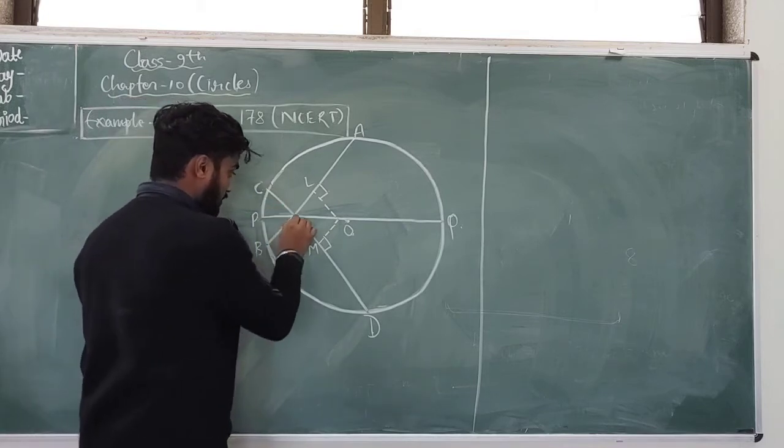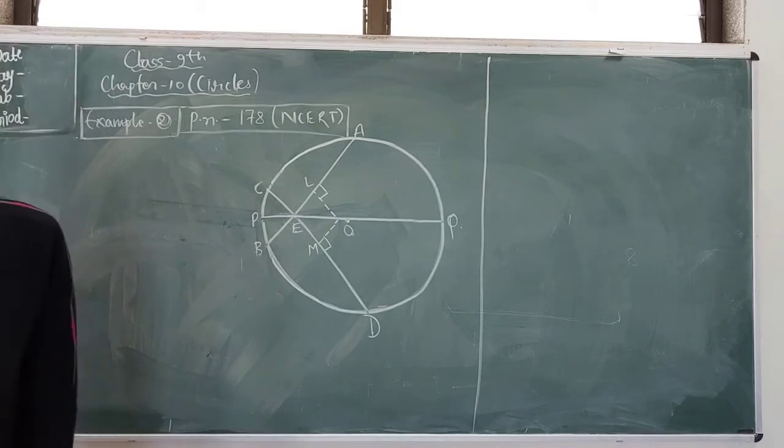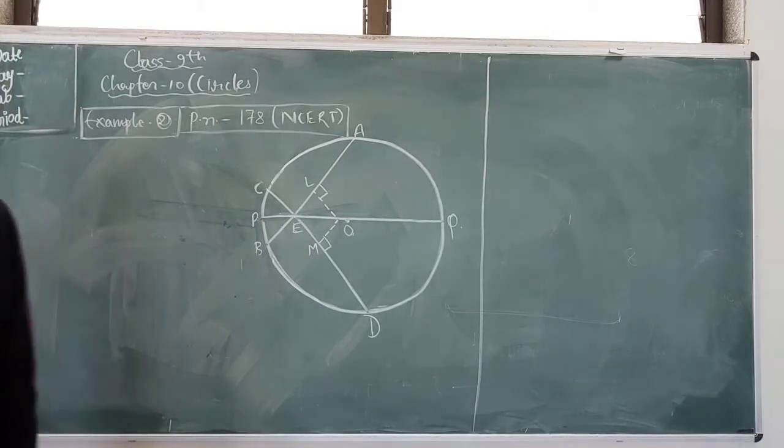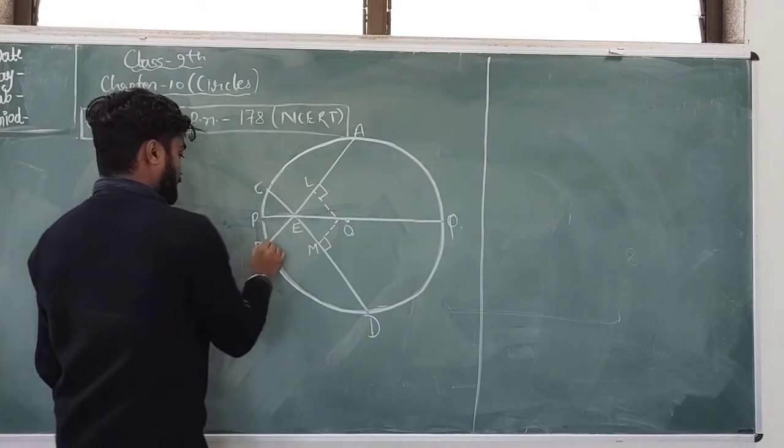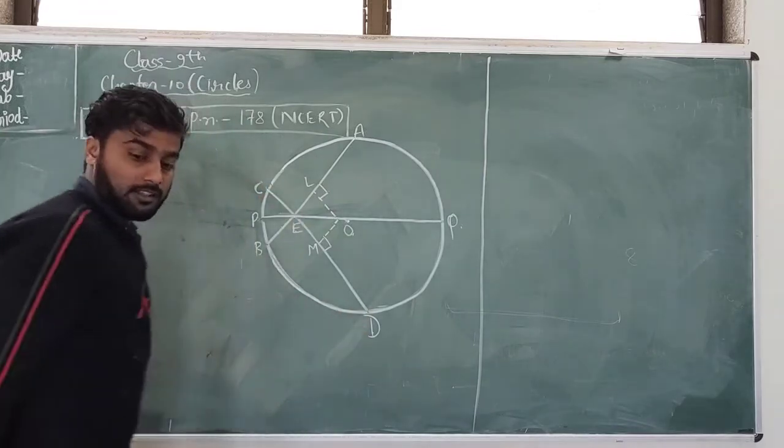All three lines intersect at point E, and we have to prove that the chords AB and CD are equal.